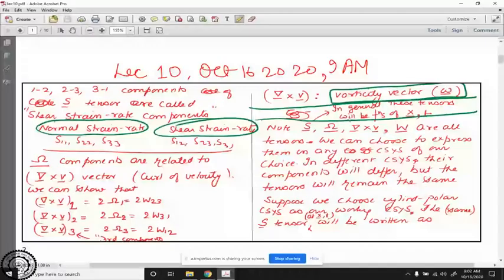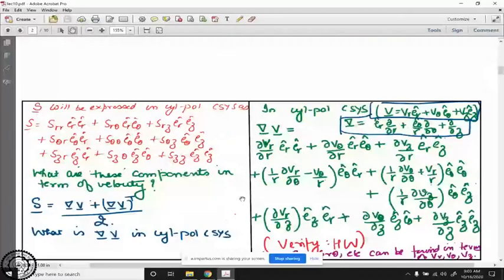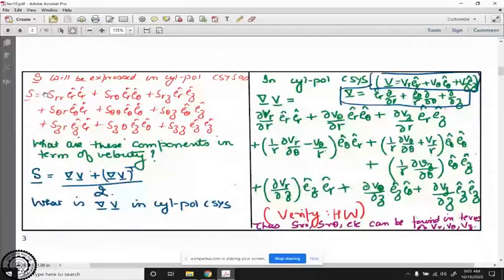Then I was telling you, in general, these tensors are functions of x and t, and since they are tensors of various order, strain rate S, and W, the rotation rate, we can choose to express them in any coordinate system, right? In different coordinate systems, their components will differ, but the tensors will remain the same. Now, suppose we choose cylindrical polar coordinate system as our working coordinate system. The S tensor will be expressed in this way, what I am showing on the left top of the slide.